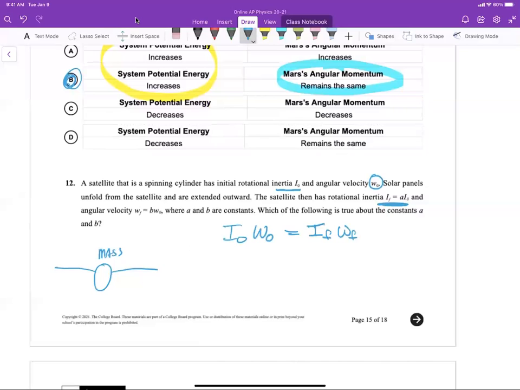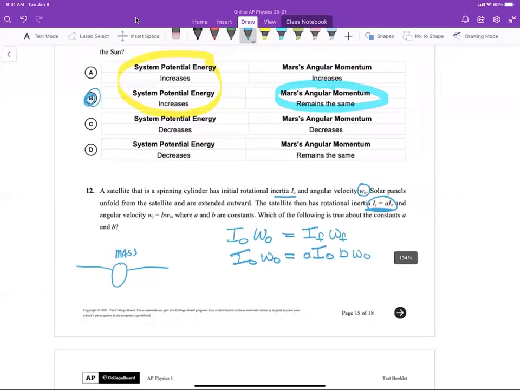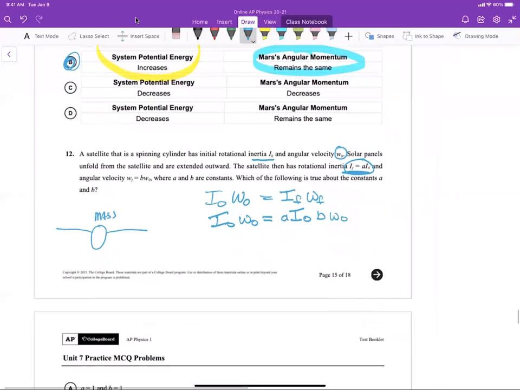Now they give me this equation. So let's say A I naught, and the angular velocity final is equal to B omega naught. I remember this one being a challenge. Which of the following is true about the constants A and B?